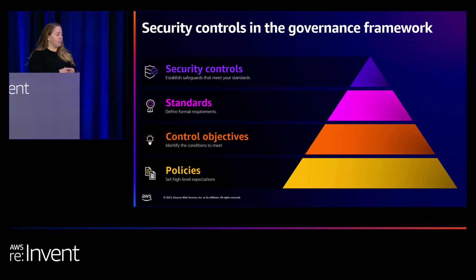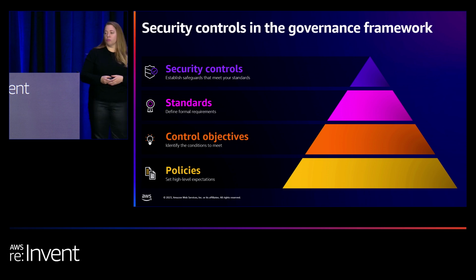And at the top of this pyramid, we have what that actually means for your security controls, right? So if you've identified your policies, you know what control objectives they move into, you have the standards, then lastly, you have a clear set of controls that you need to enable on your environment in order to be compliant.